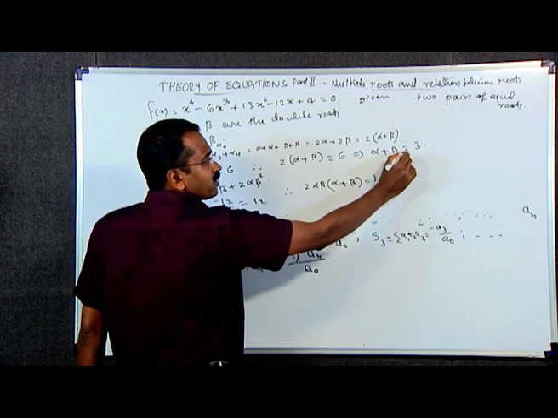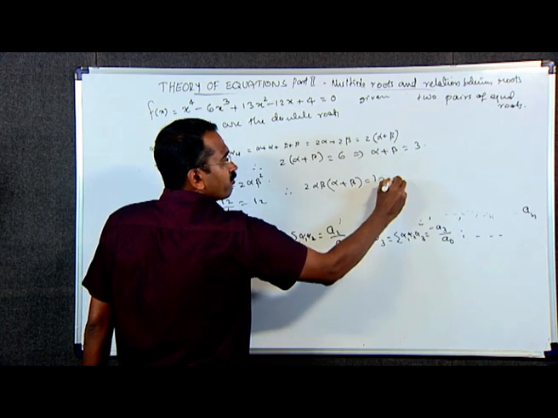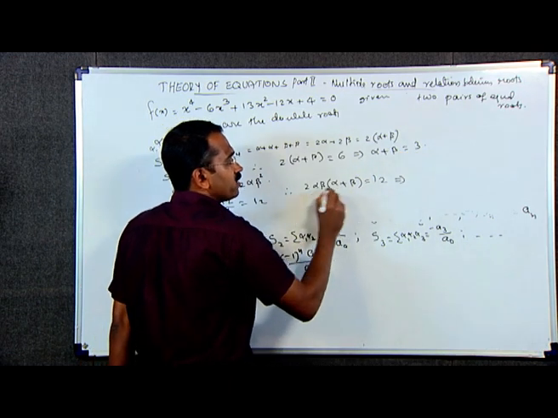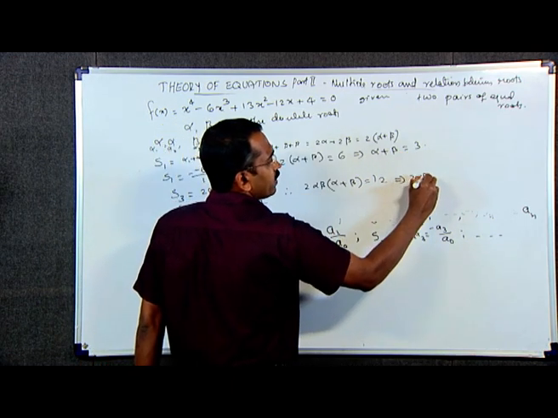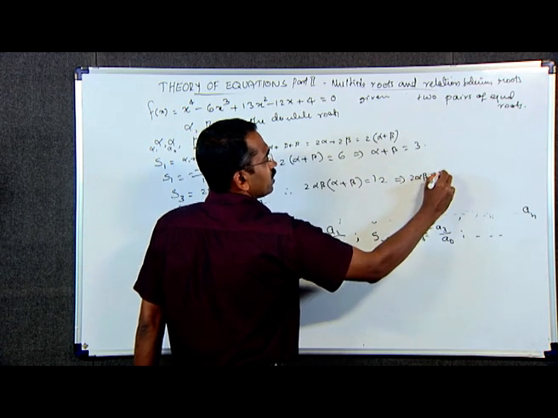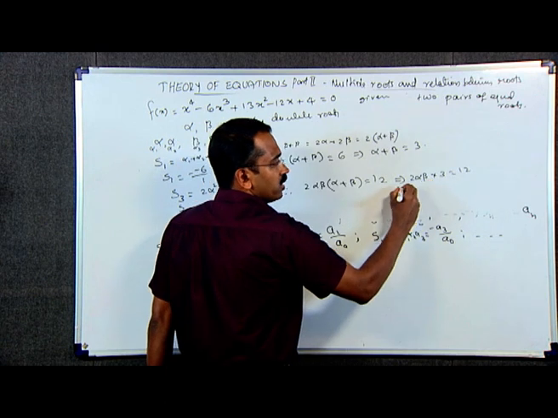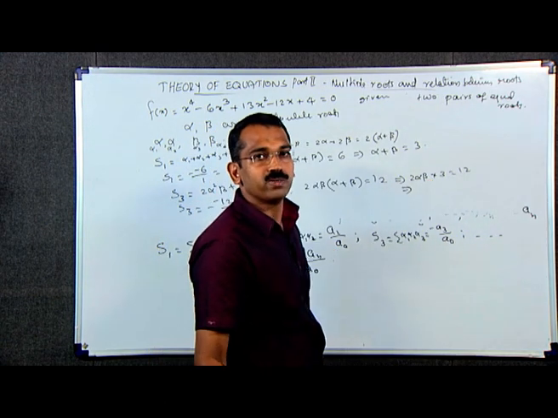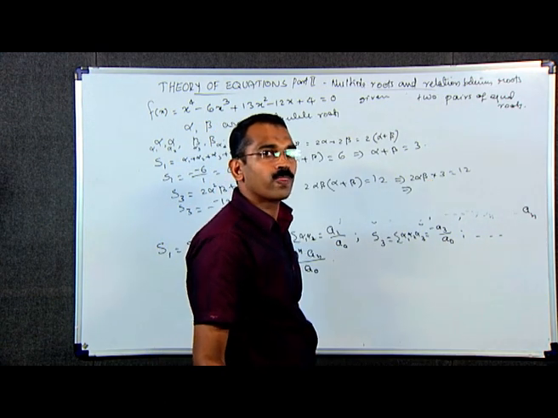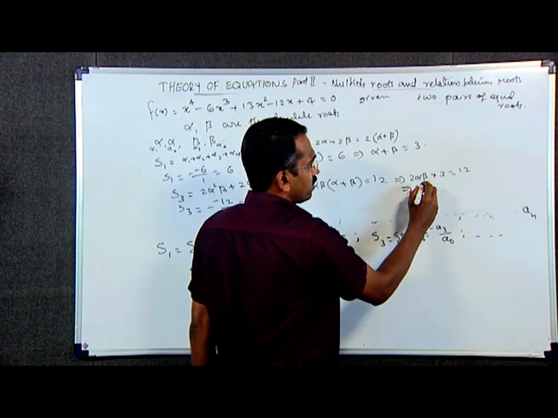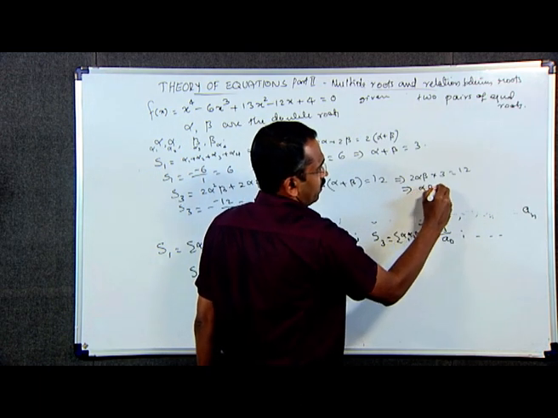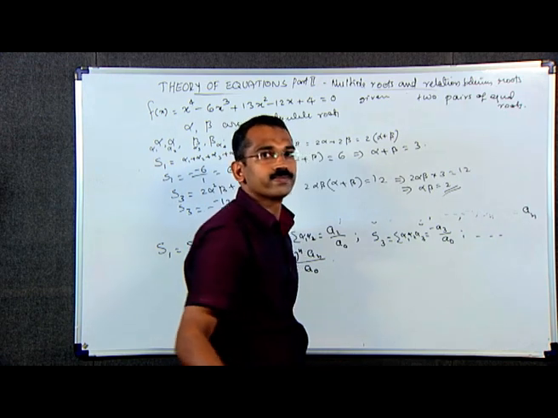Because alpha plus beta is equal to 3, from this expression we can write 2 alpha beta into 3 is equal to 12, that is 6 alpha beta equal to 12, which implies alpha beta is equal to 12 by 6, equal to 2.